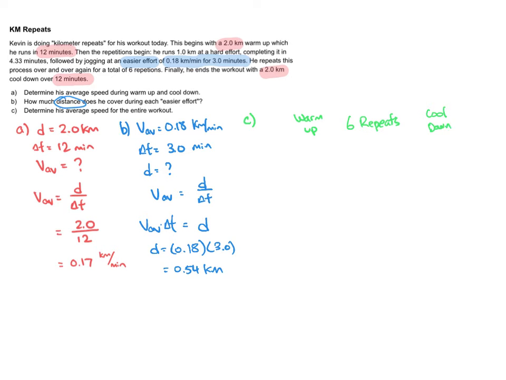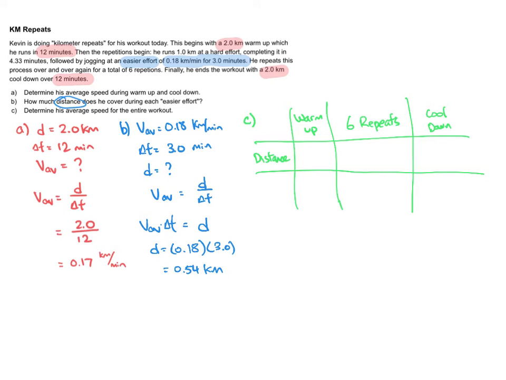I'm going to try to be a little clever here and organize this as a table. Where I'm going to figure out the total distance and the total time. So let me add one more column at the end called total, where I'll write down the total.